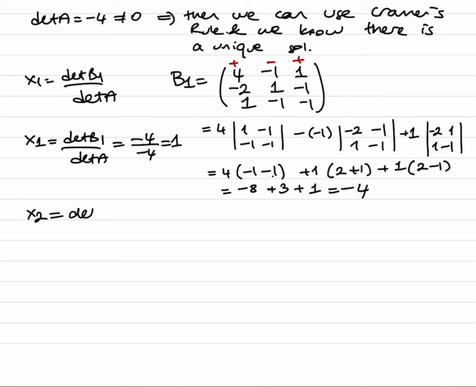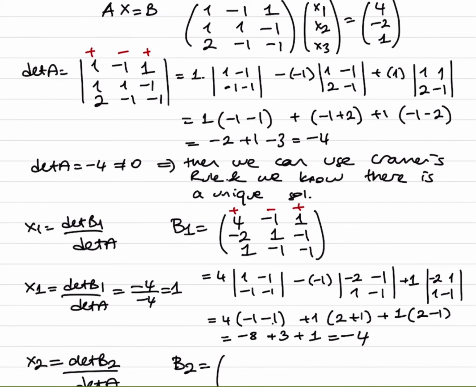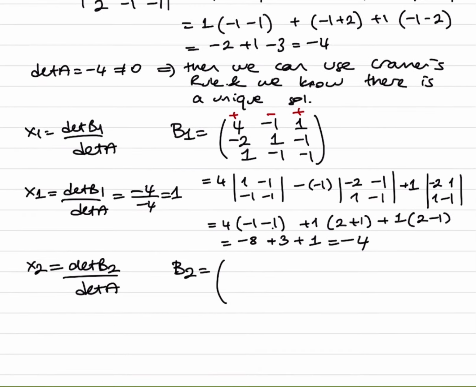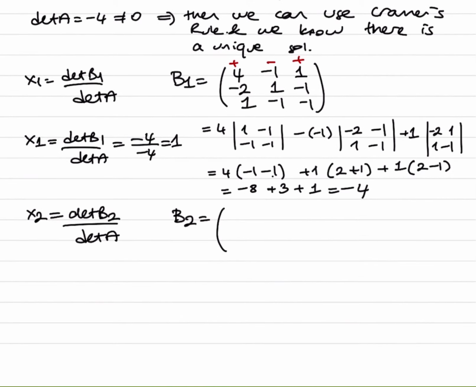What about x2? x2 is the determinant of B2 over the determinant of A. What is B2? So we will write A, but for B2 we will replace the second column with b. Okay, I cannot see A here. Let me copy here.